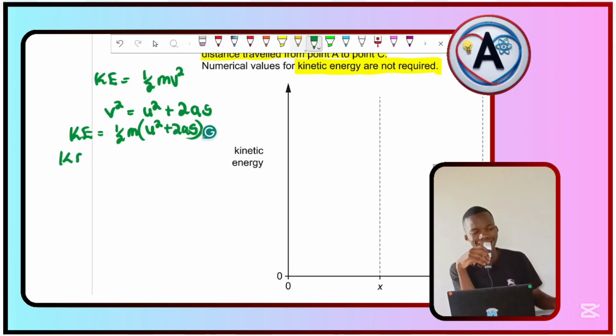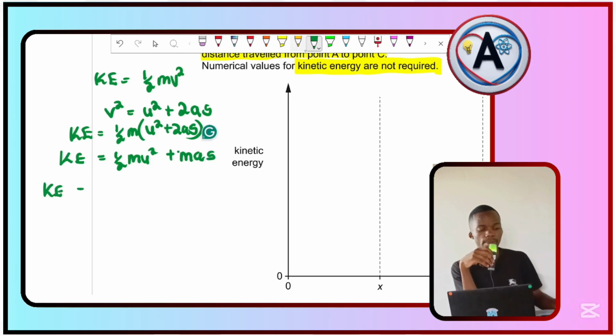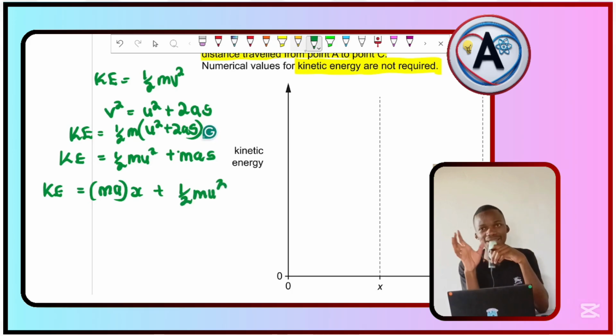In this case, s is x. So my kinetic energy will be equal to 1/2 mu squared plus 1/2 m times 2ax, where the half and 2 cancel out, giving max. So my kinetic energy will be equal to max plus 1/2 mu squared. But this is not rocket science. I'm not doing anything fancy.